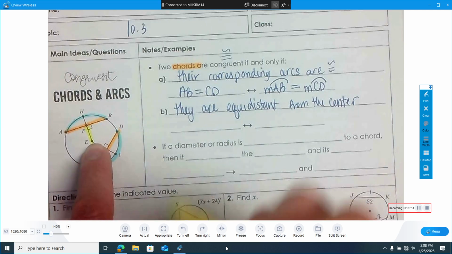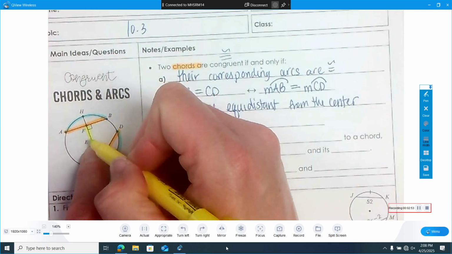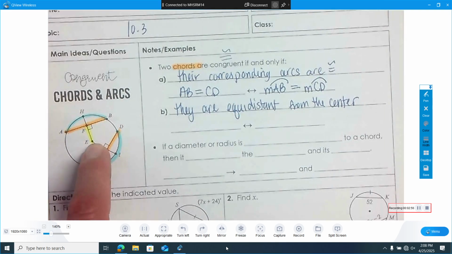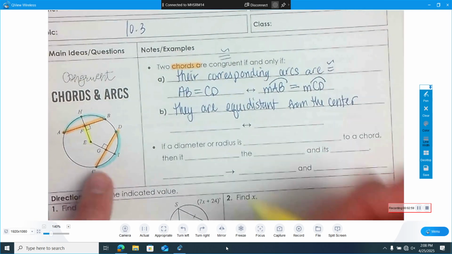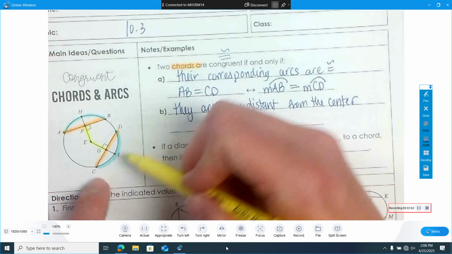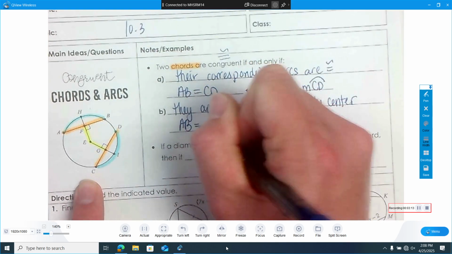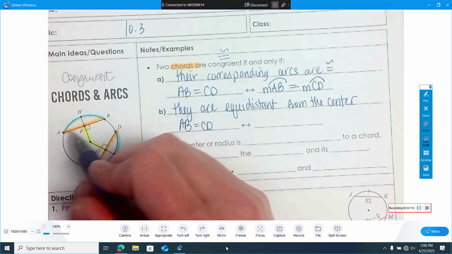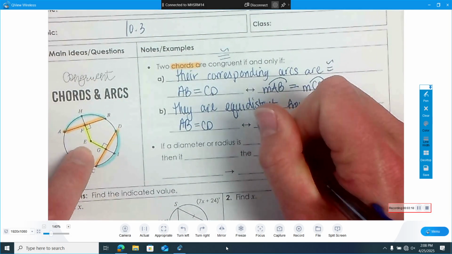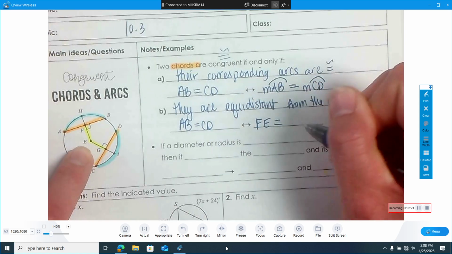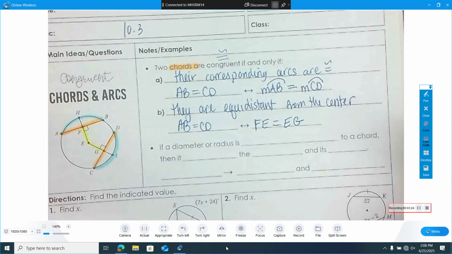So this is the distance to the chord, that little EF segment there, and you can see that it's perpendicular. If those two little pieces of radii are congruent, then the chords are also congruent. So once again, AB is equal to CD if FE is equal to EG.